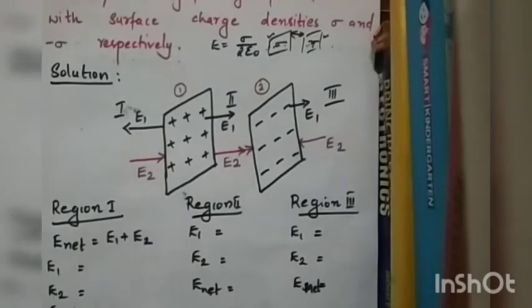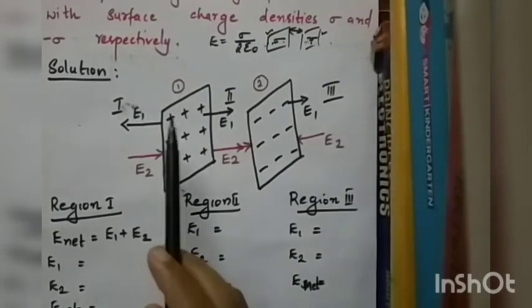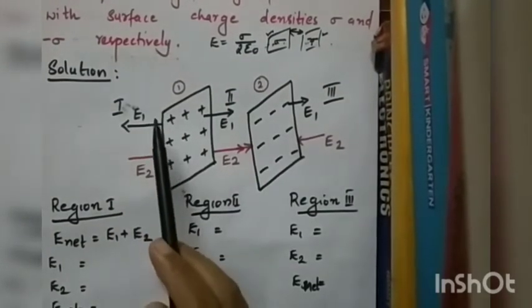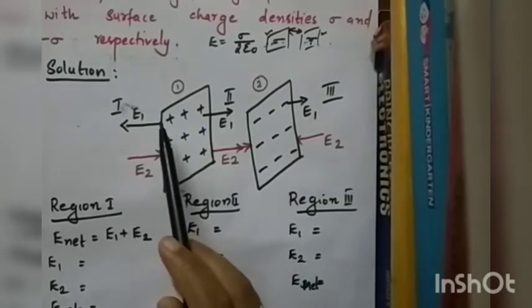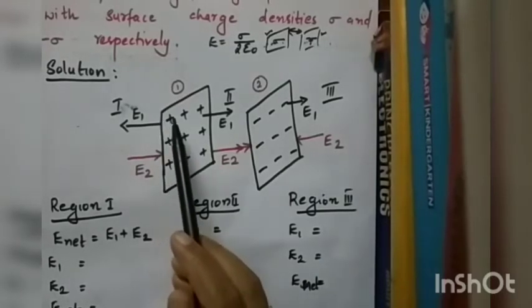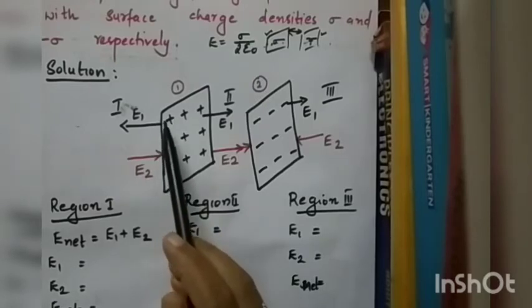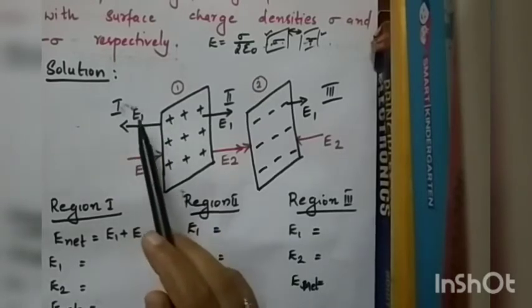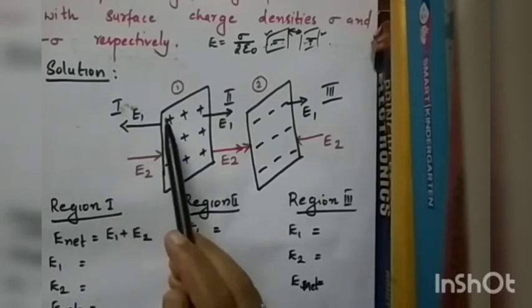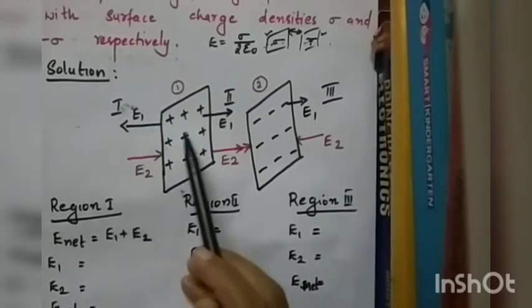So first focus on region 1. In region 1, what will be the two electric fields? First, the electric field caused by the positively charged sheet acts outward. Since it is positive charge, the electric field will be normally outward.